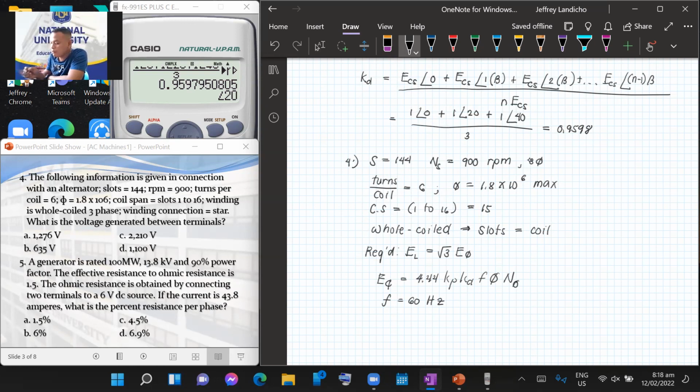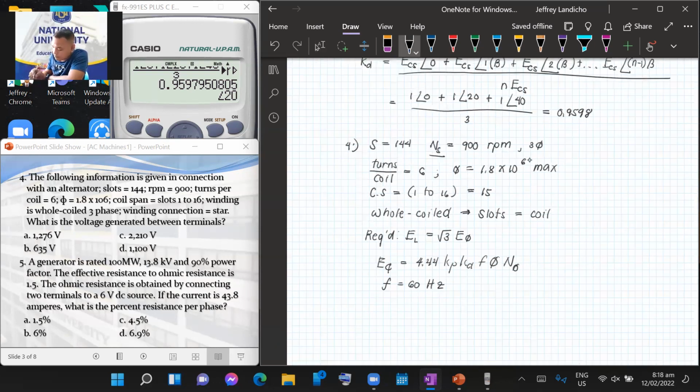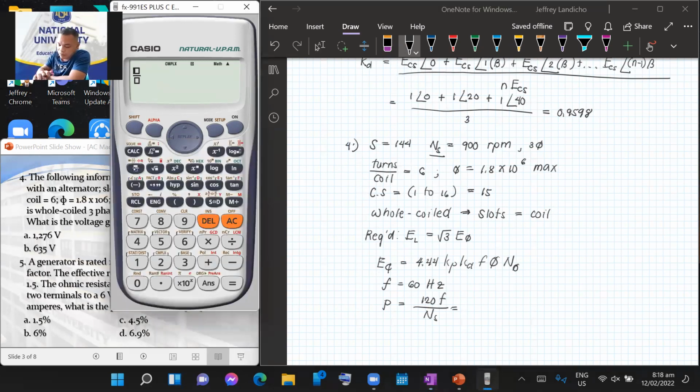Walang given na pole, pero binigay naman yung ating speed. So solving first for the given poles, that is simply equal to 120 times the frequency over the corresponding speed. 120 times 60, divide na lang natin by 900. So this should be the total number of poles, 8.